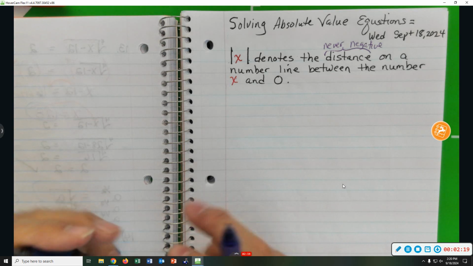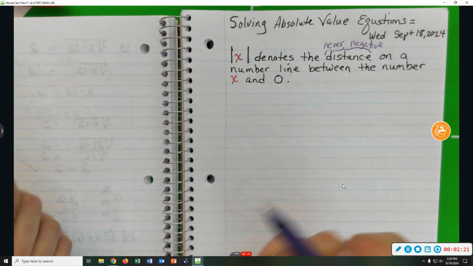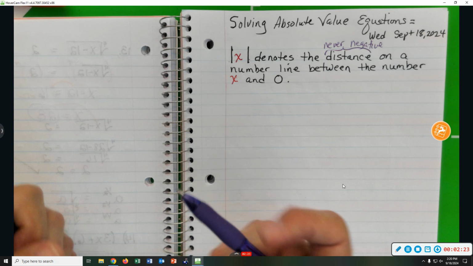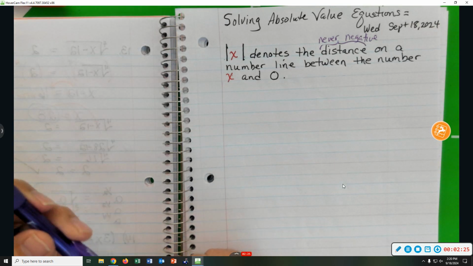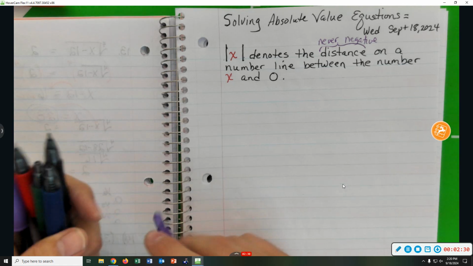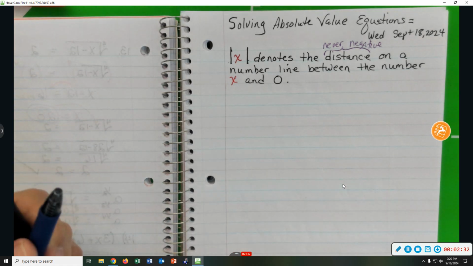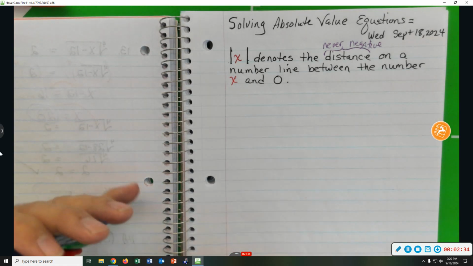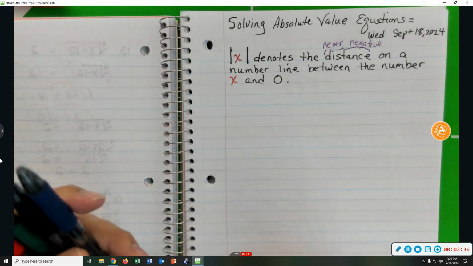Distance has to be a positive number, or I guess it could be 0 if you're in the same spot. So what's the distance from right here to right here? Well, 0. But it would never make sense to talk about distance being negative.